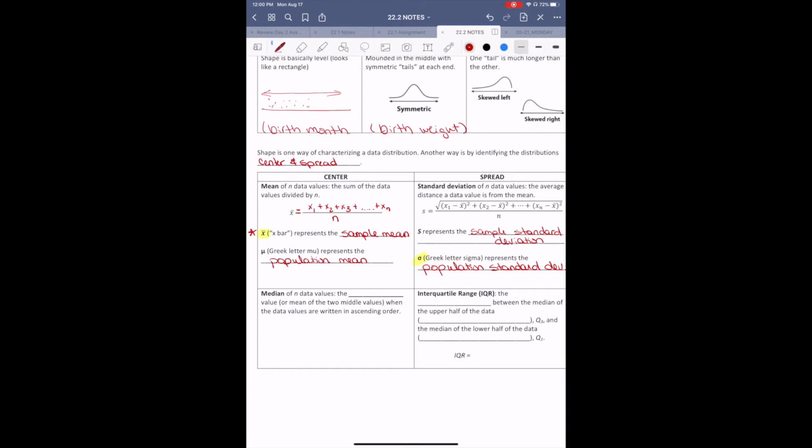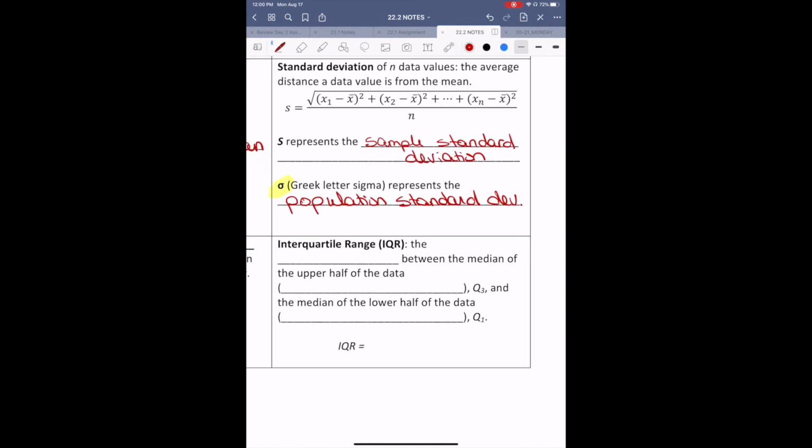Now, the median of n data values is, as we know, the middle value when the data values are written in ascending order, from smallest to largest. And IQR is the difference between the median of the upper half of the data, which is our third quartile, and the median of the lower half of the data, which is the first quartile.